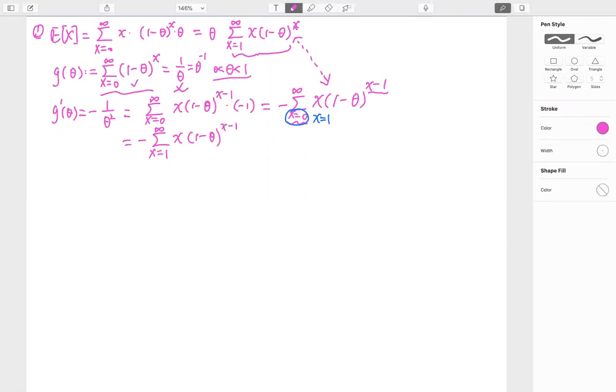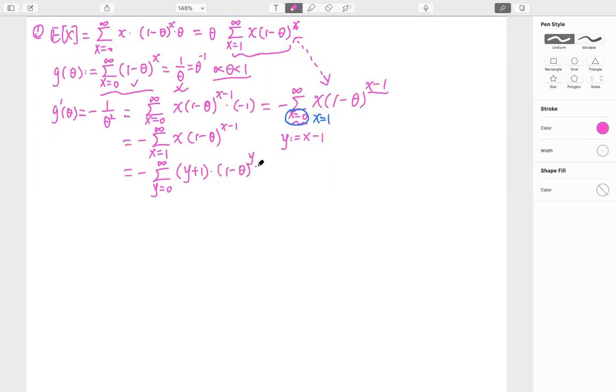Now let's do a change of variable. Let's use y, with y equal to x minus 1. Then my y will start with 0, and my x will be y plus 1. Then this is y.